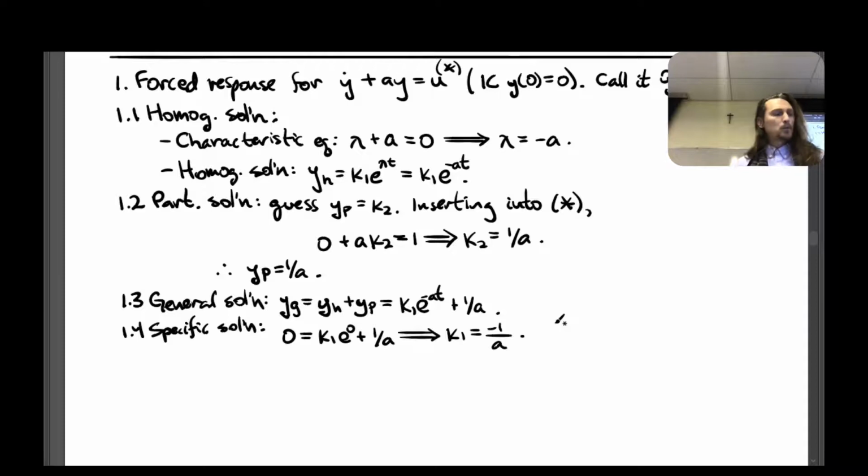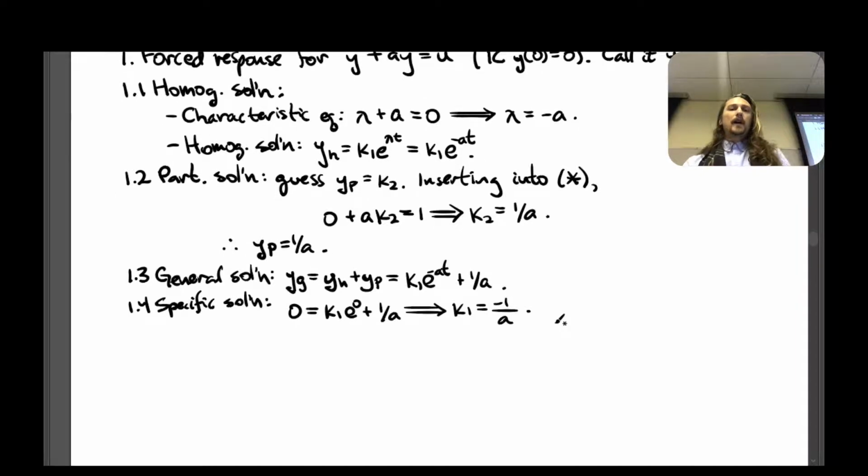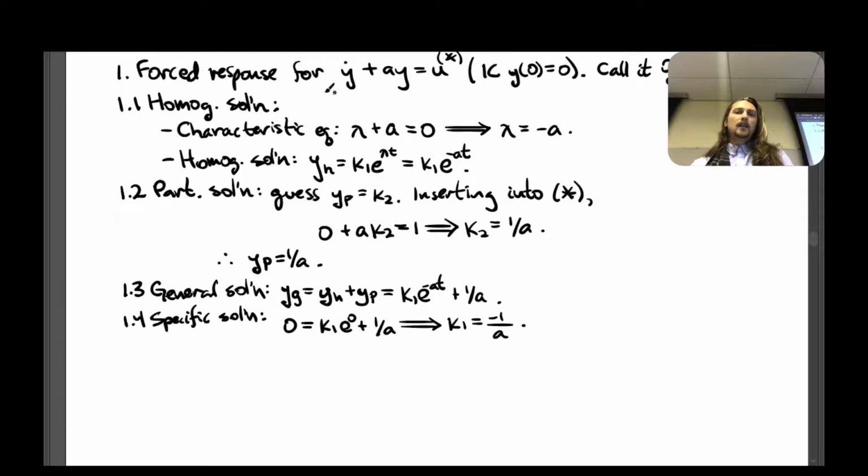Okay, good. So we have our specific solution. The specific solution is then this forced response that we're looking for, the forced response to the simplified problem, so it has the tilde on it. It's equal to negative 1 over a times e to the minus a t plus 1 over a.